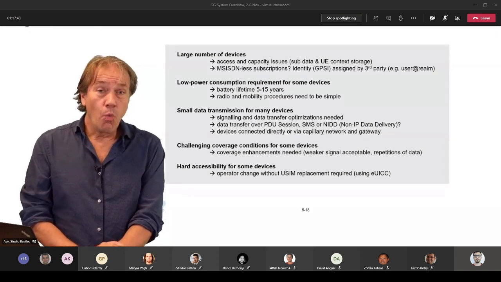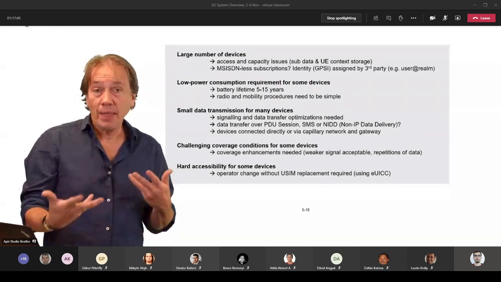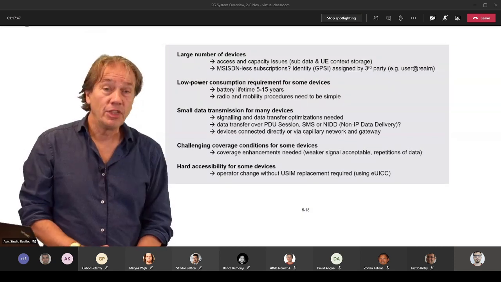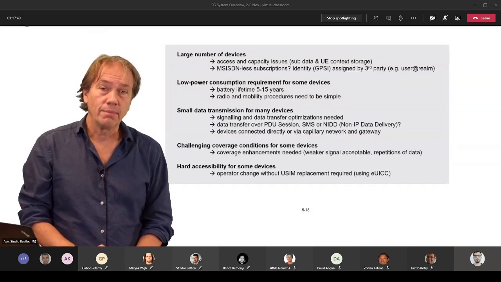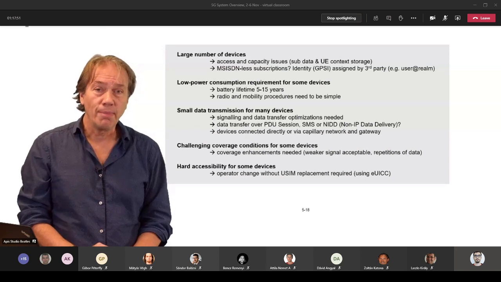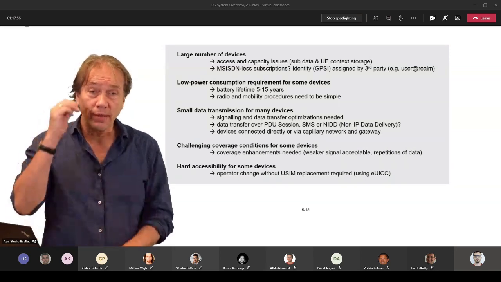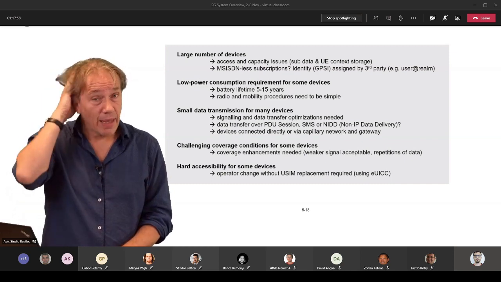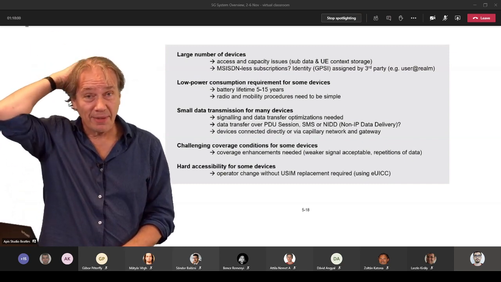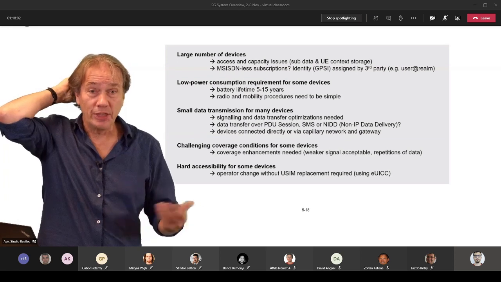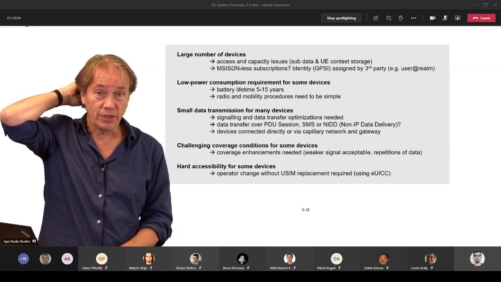So when dimensioning, designing a slice for massive machine type communications, you would have to look at the kind of expected UEs and the use cases.